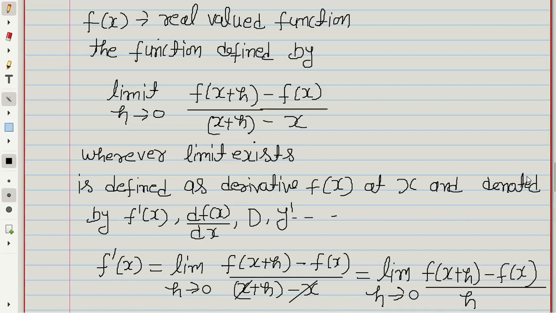Now to understand it, let us take an example. So we will see the derivative of f(x) is equal to x square.